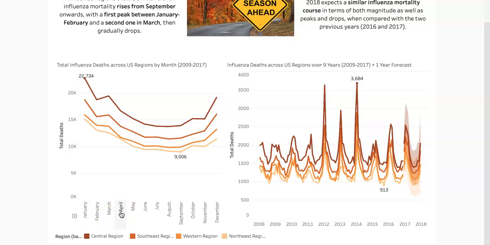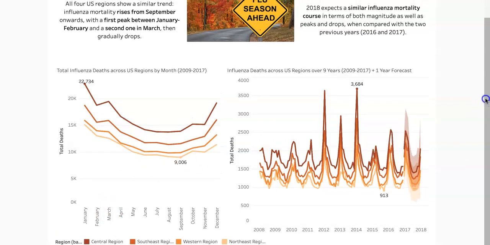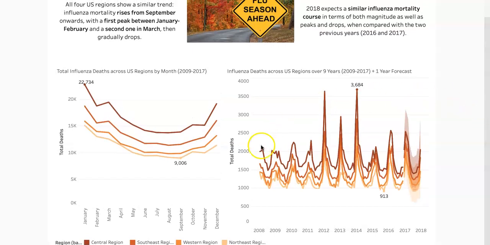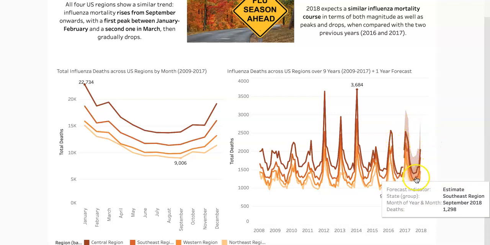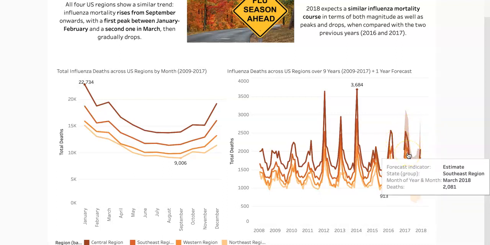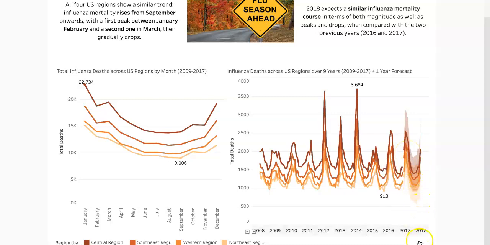Armed with this knowledge, we can then strategically deploy additional staff during the peak months of September to April, also in 2018, the year that we are interested in, especially because looking at this other graph on the right, we can clearly see that the mortality course of influenza for this year, 2018, is predicted to be pretty similar to the one registered in the two previous years, 2016 and 2017.